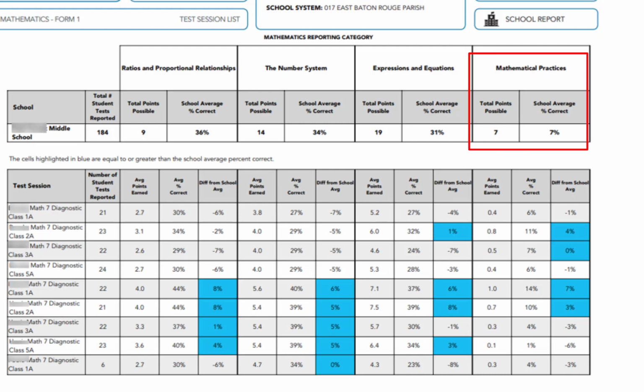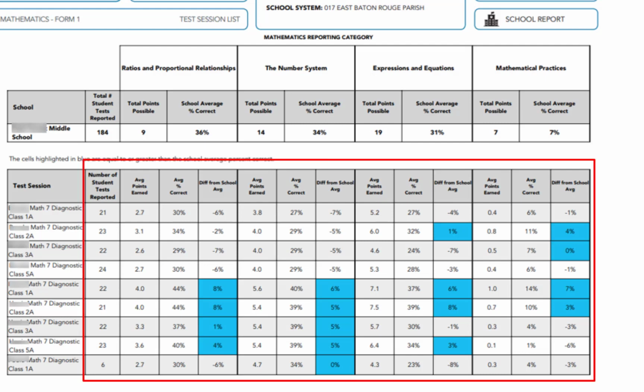So that would be more subjective if the teacher did not use the rubric. So make sure that you are using rubrics when scoring the writing responses. So for the mathematical practices, the total points possible is 7, and look how low this is. So 7%. Okay, and then just like with the ELA, you have all this information.